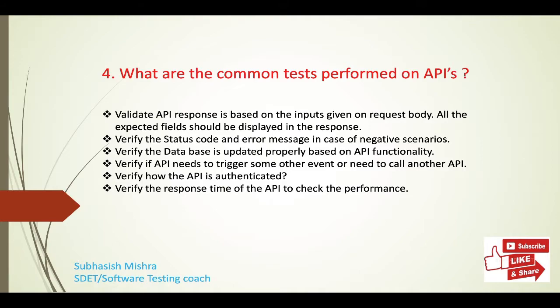All the expected fields should be displayed in the response. For example, we are creating a new user and in our request body we have given first name as Subhasis. So in response, is the same first name showing or not? That you need to validate.